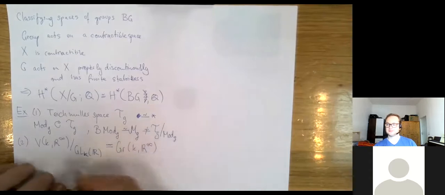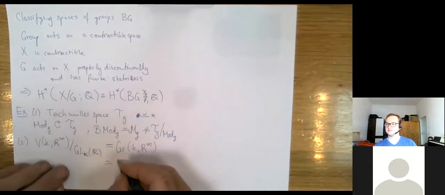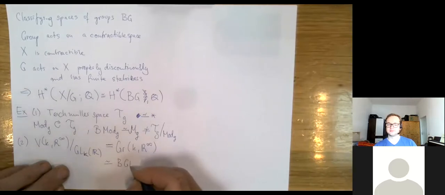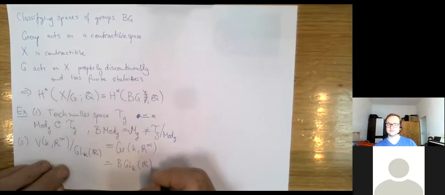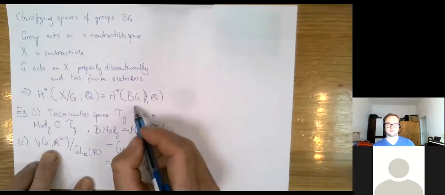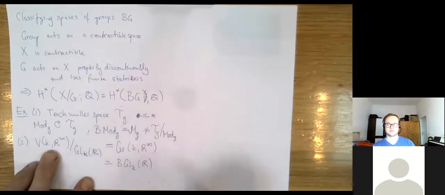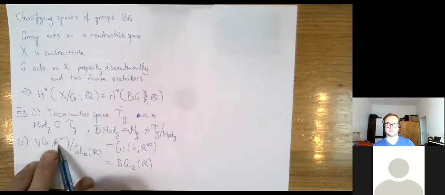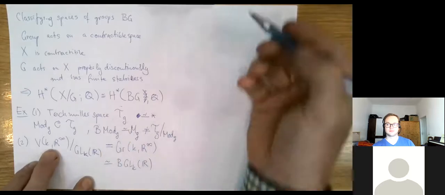And this is the classifying space of GL_K(R). So here we actually don't have any finite stabilizers, but as you can see, it's also finite dimensional. And maybe we'll see later that this space here is infinite dimensional, and this space is finite dimensional.